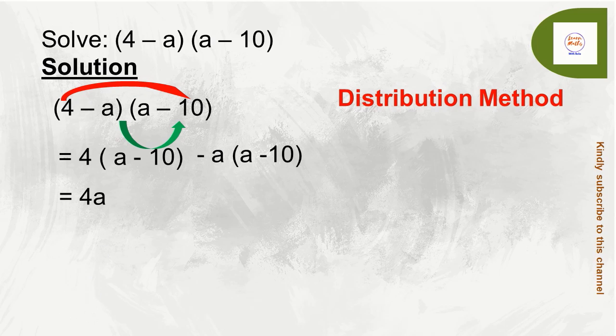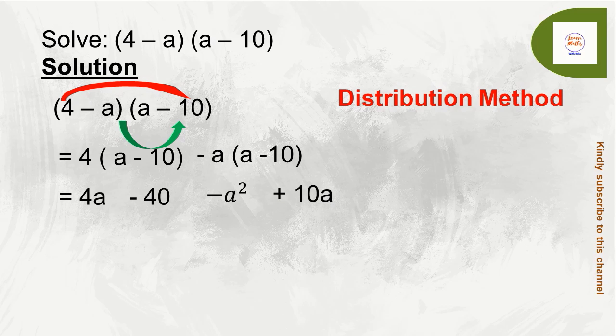So we have 4a. Let me explain that again, how we got 4a. We have 4 times a, which gives you 4a. Then we have 4 times minus 10, which will give us minus 40. Then we have minus a times a, which will give us minus a square.